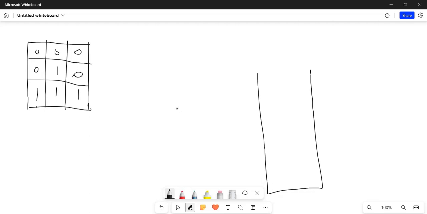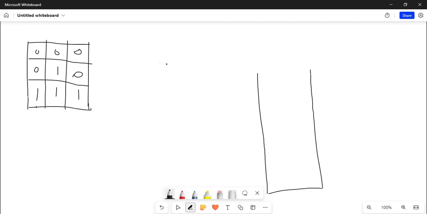Let's assume that this cell is already solved. You first fill all the cells having zero value, because the answer of those cells will always be 0.